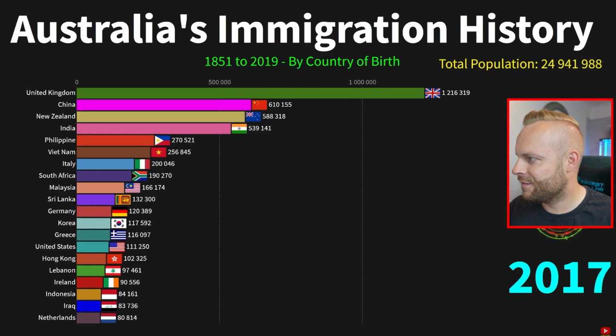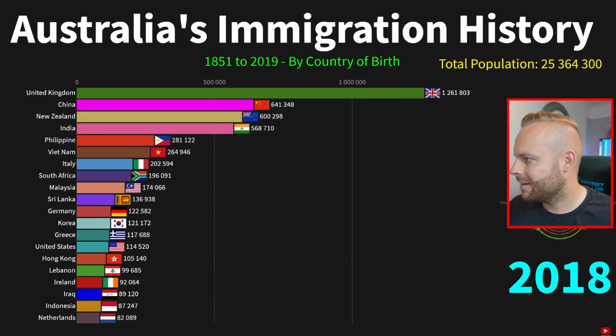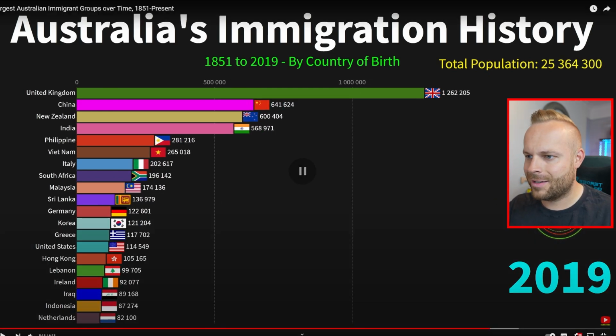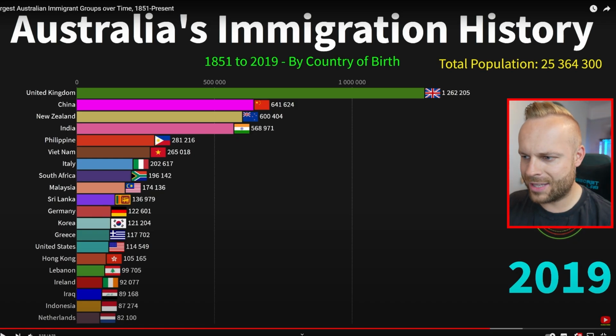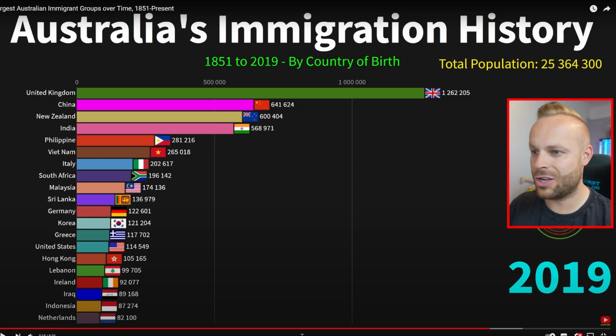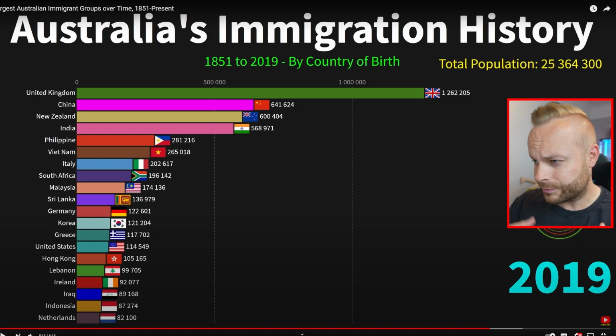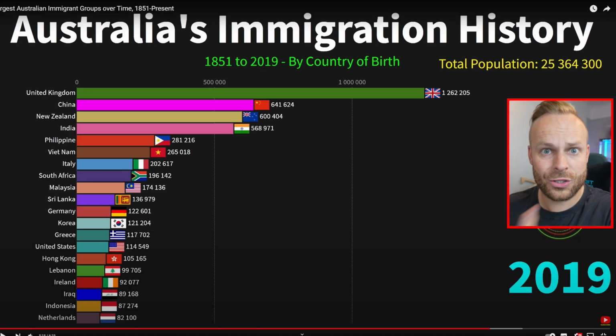Couple more years left. Population just over 25 million. And I just want to take a look at where the top of immigration stands. The United Kingdom is clearly the main source of immigration for Australia. However, what we saw over time was that things happening around the world really did impact Australia.